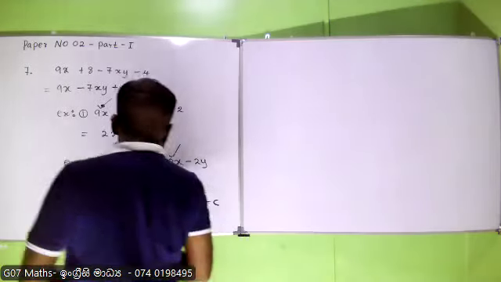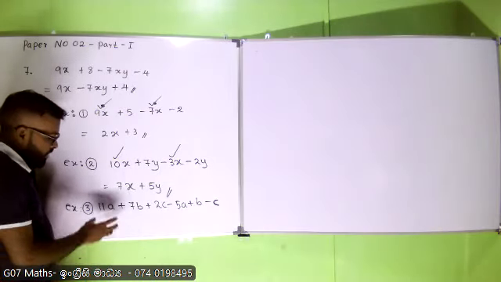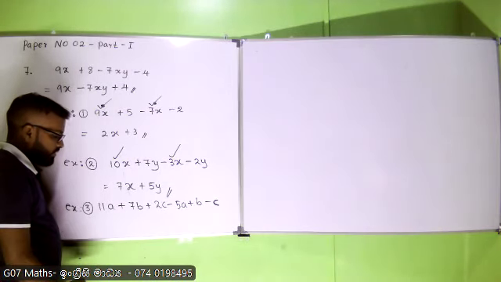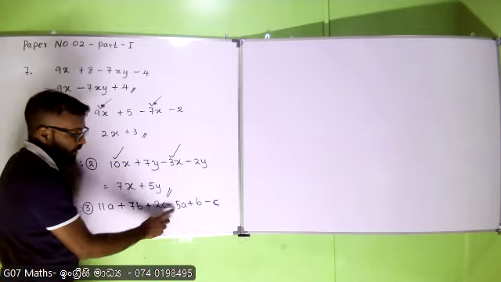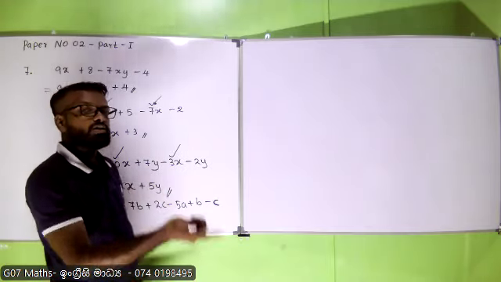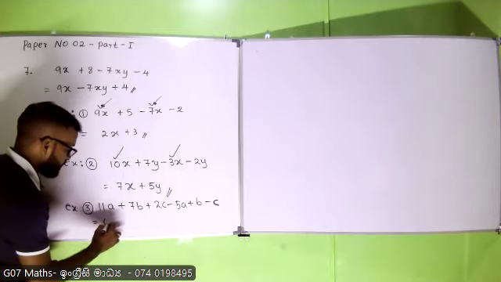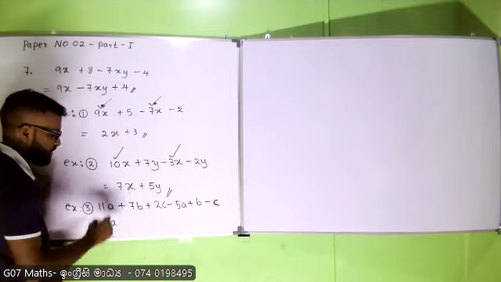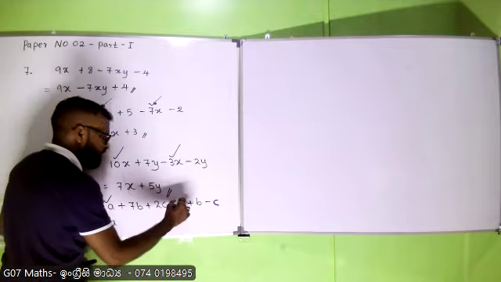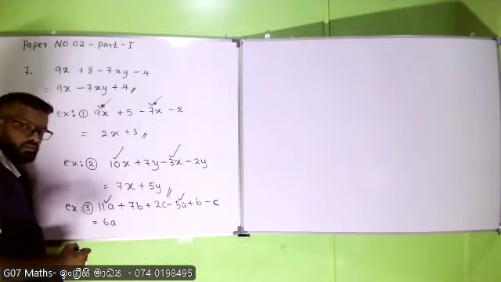So this one. Here you have 11 apples minus 5 apples. 11 minus 5, 6 apples. 6a. Now this one is okay.